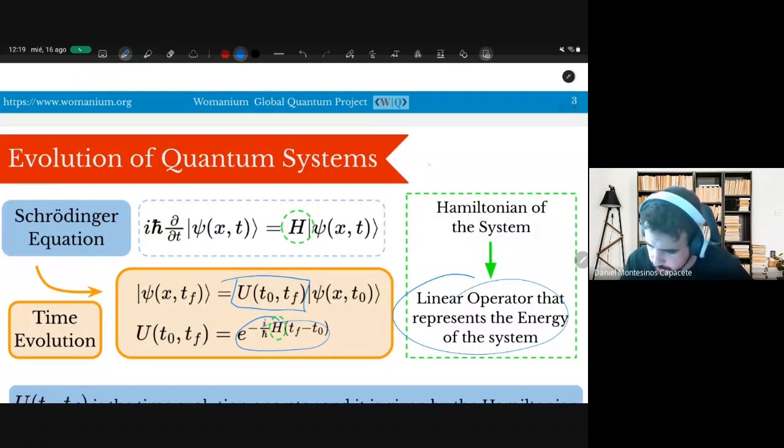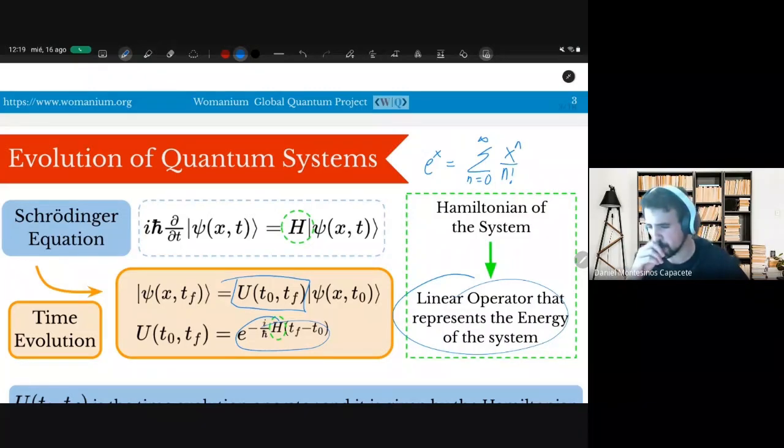Remember, for example, that the exponential of x would be written as a sum over n starting from 0. I think it was 0. Yeah, I guess it was this one. If I'm not remembering badly, this should be the sum.